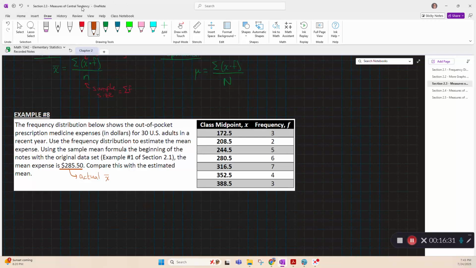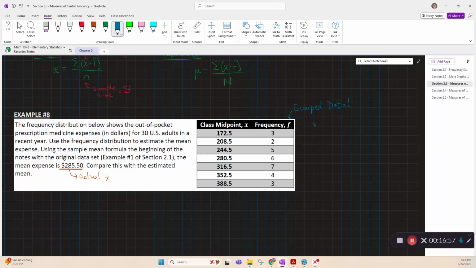How can I tell this is grouped data? This frequency right here tells me this is grouped data. That tells me it's grouped data.